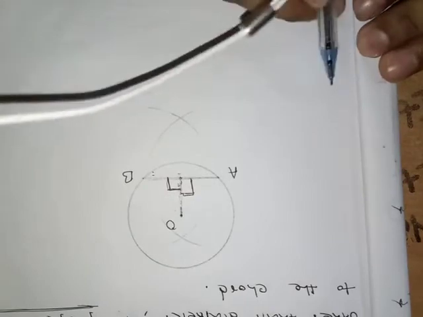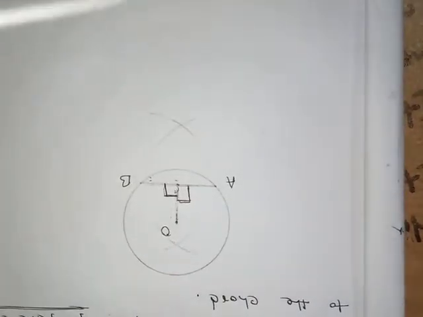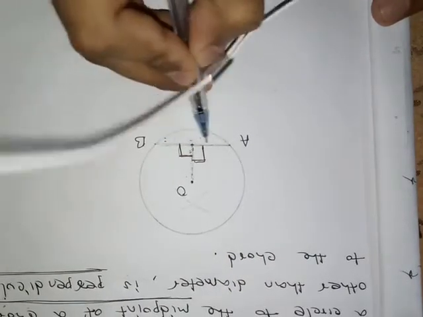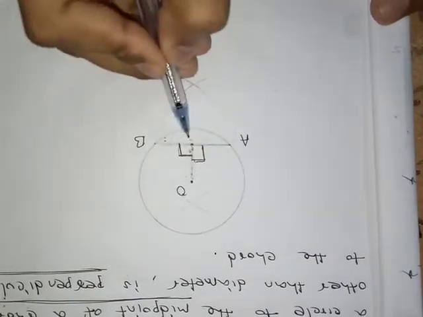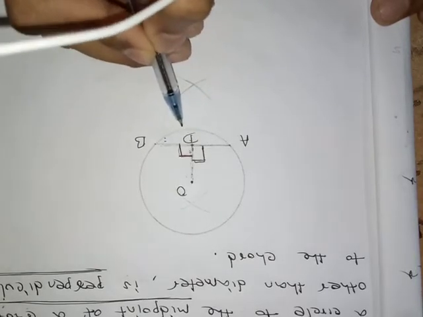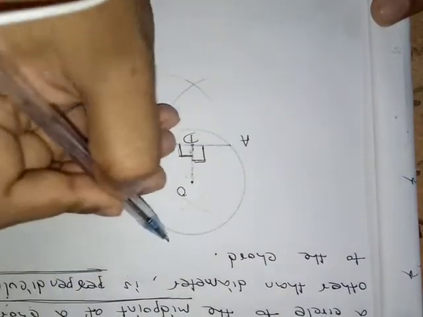Well, let's name the midpoint of the chord AB, D, and let's take an arbitrary point on the circle.